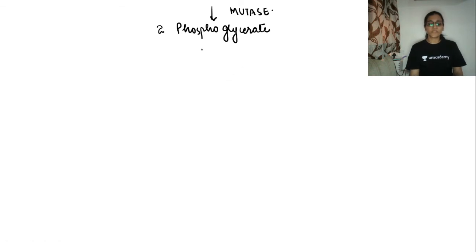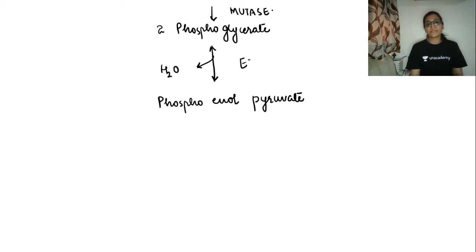So 2-phosphoglycerate is going to change into phosphoenol pyruvate, and in this there will be removal of water, and the enzyme responsible for this kind of conversion is enolase.